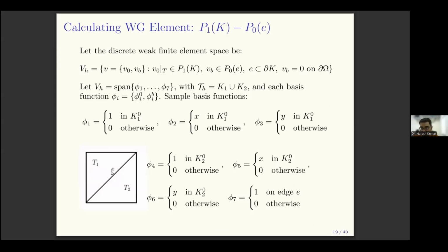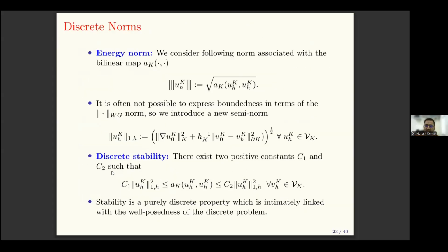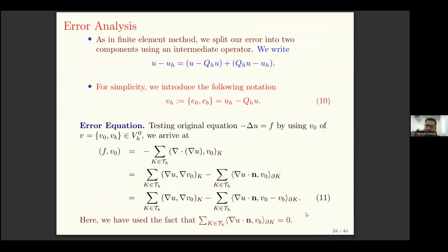Both are the same but with opposite sign. When you take the summation, they cancel out and the output is 0. So n is the outward normal but in the opposite direction. When you sum up, the output will be 0. So you can add this term here, which will be helpful.